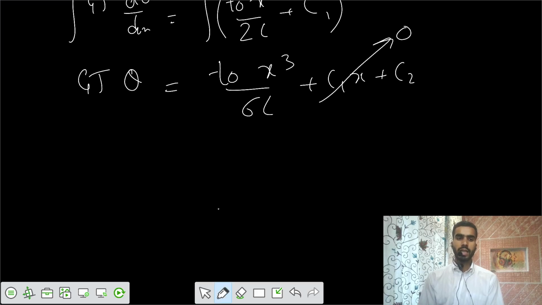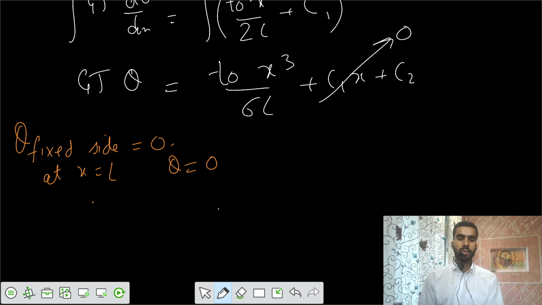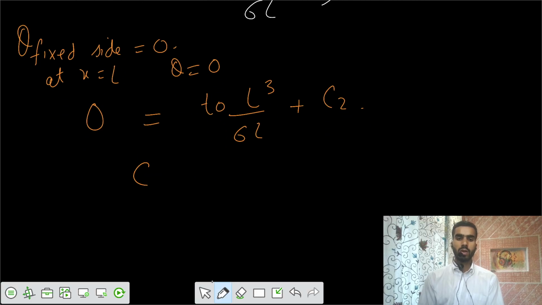One more condition is that theta at the fixed side is equal to 0. So that means at x equals L, your theta is 0. If I substitute that, 0 equals T naught L cubed by 6L plus c2. So we get the value of c2 equals minus T naught L squared by 6.